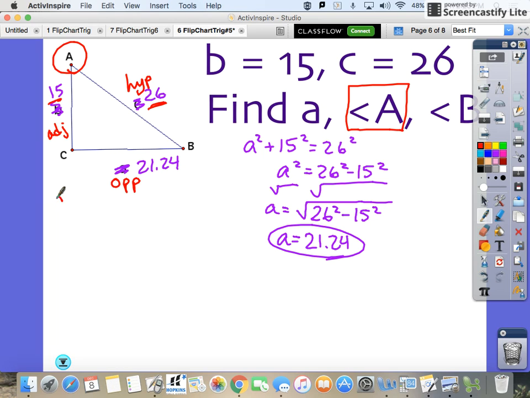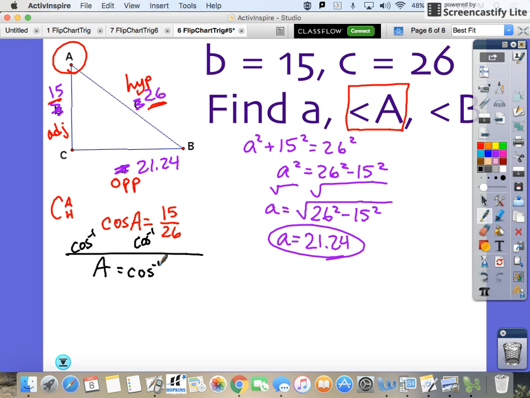Adjacent and hypotenuse is CAH. So we know that the cosine of angle A is equal to the adjacent over the hypotenuse. To solve for angle A, we're going to go cosine inverse. So angle A equals the inverse cosine of 15 over 26.